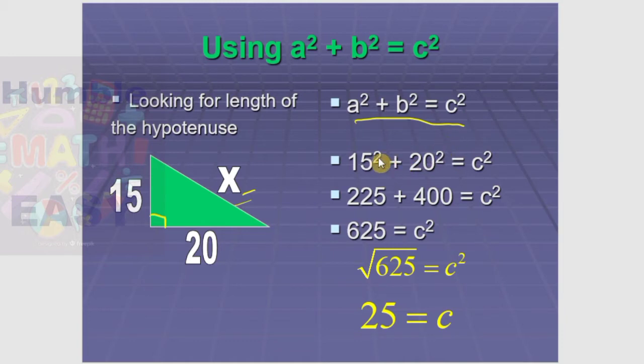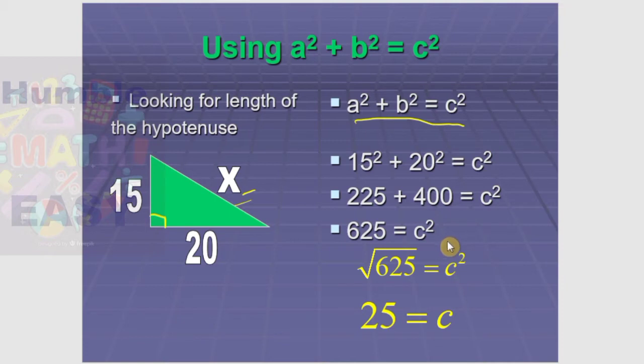Replacing the legs, 15 squared plus the square of the other leg, 20 squared, is equal to c squared. 15 squared is 225, then added to the square of 20, which is 400, is equal to c squared.